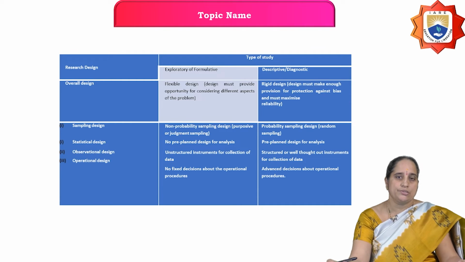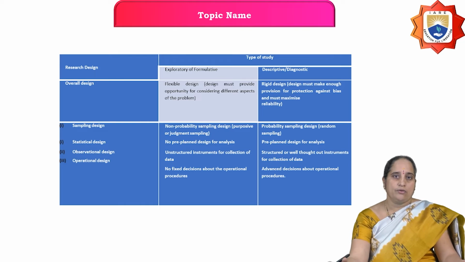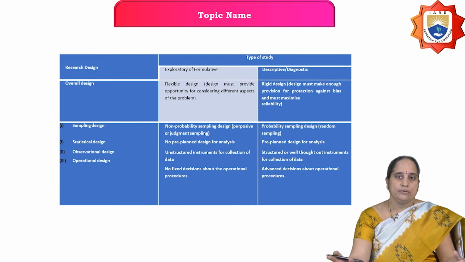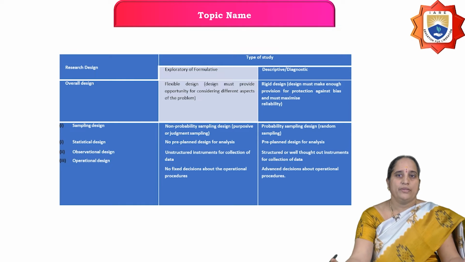People used to judge your study or your performance. So in this case, one can use purposive sampling or they may use judgment sampling. Whereas coming to descriptive or diagnostic type of studies, probability sampling. So here exclusively we used to apply random sampling techniques.